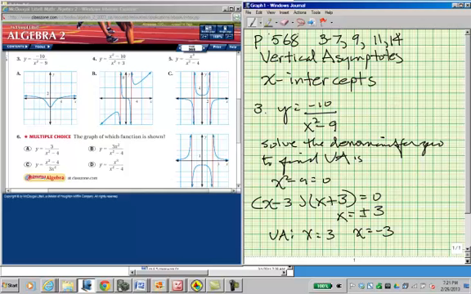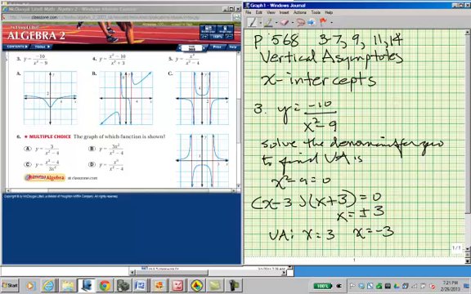So now let's look at this graph. Here's 2. This graph appears to be 3, and this appears to be 3. All right, now two vertical asymptotes, it's sort of hard to tell which one is 3.